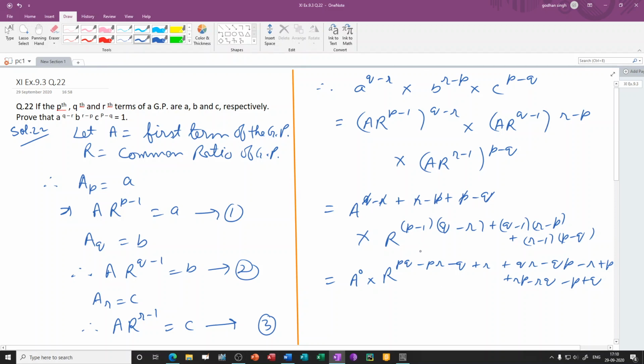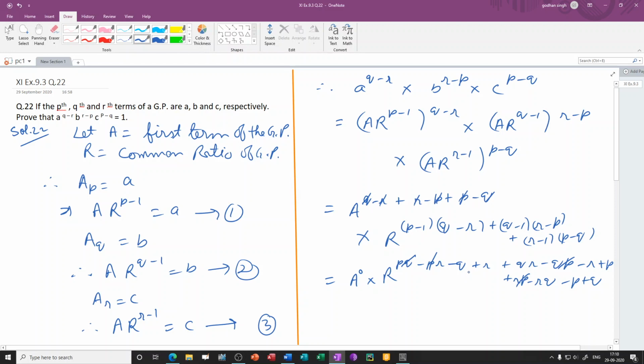So now we'll cancel those terms which can cancel out. PQ is here. Let us check if anywhere minus PQ is there or not. Yes, this is minus QP. PQ and minus PQ or minus QP both are same thing, so they will be cancelled out. Similarly, we are having minus PR, that can be cancelled with the help of RP.